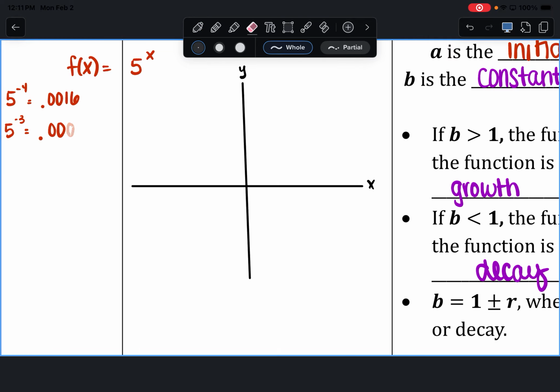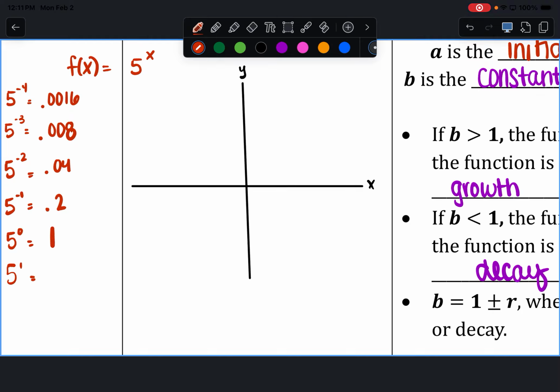Okay, what about 5 to the -2? 0.04. Okay. What about 5 to the negative 1? 0.2. Okay. What about 5 to the 0 power?